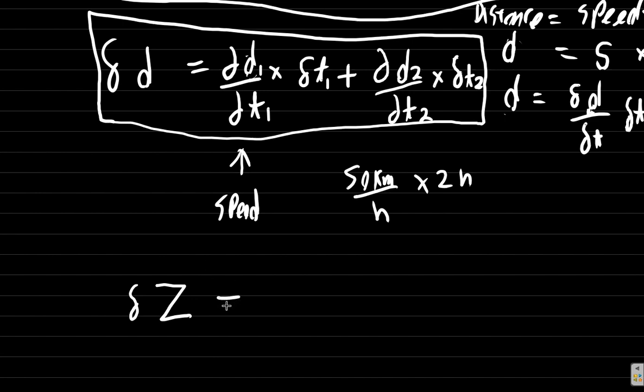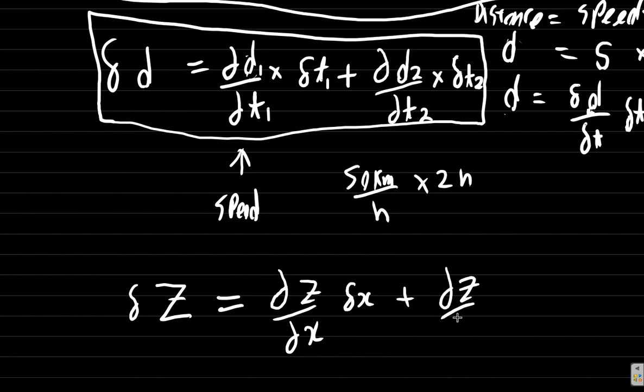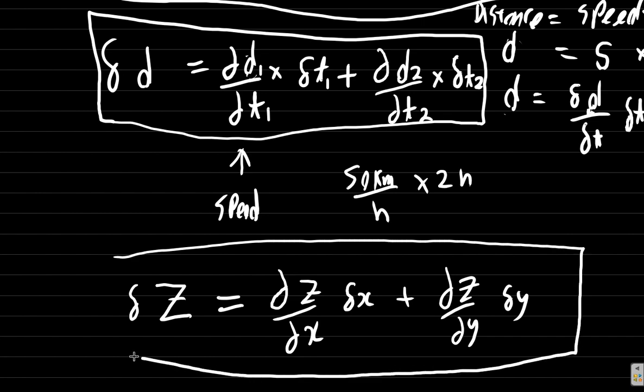Change in Z is equal to, and remember you have X and Y changing now, delta Z by delta X times del X plus delta Z by delta Y del Y. Right? So this is the general formula used.